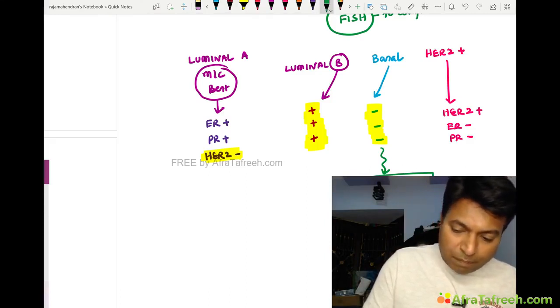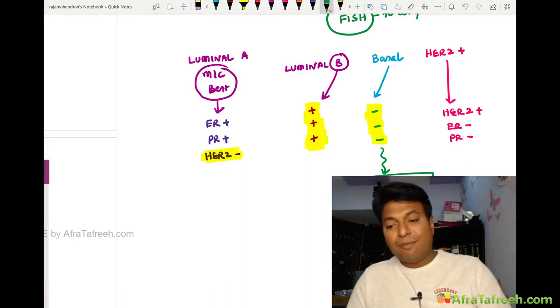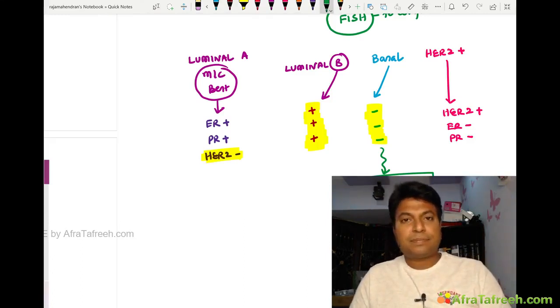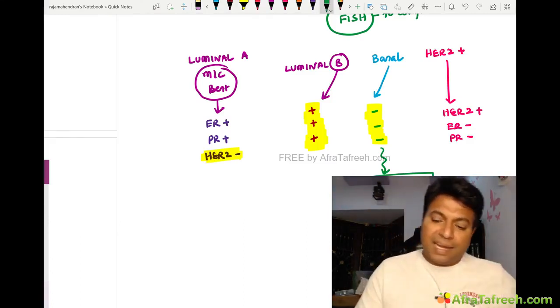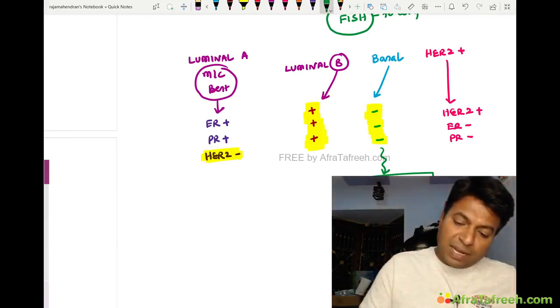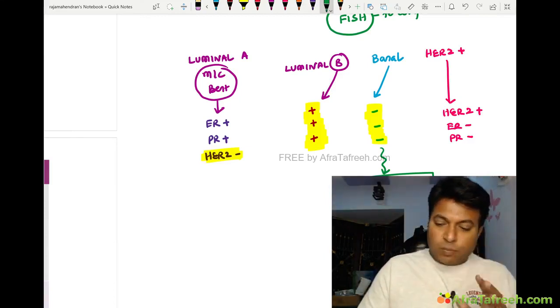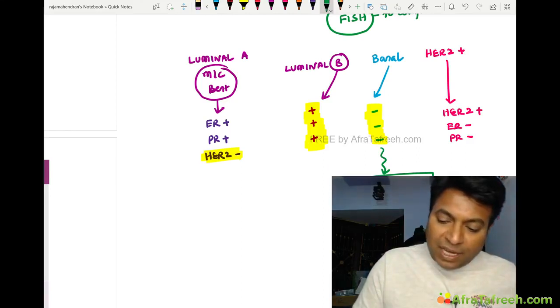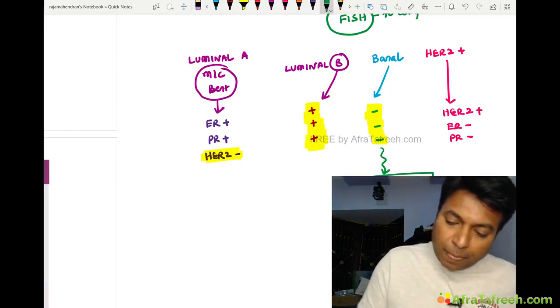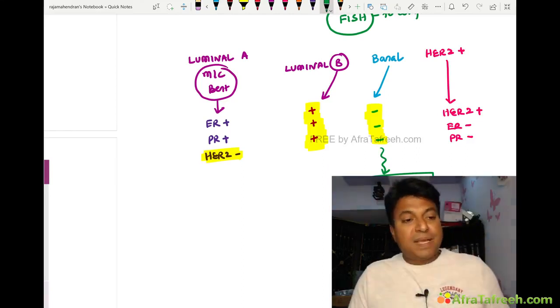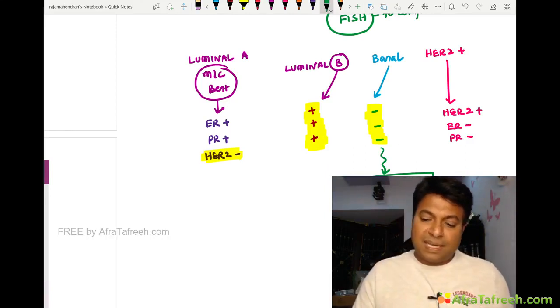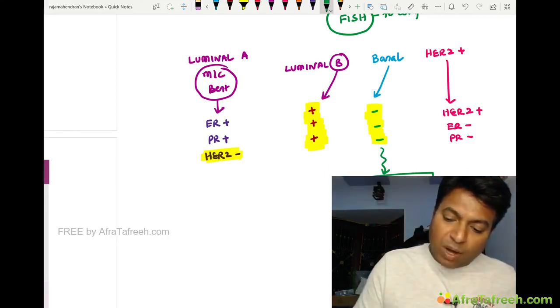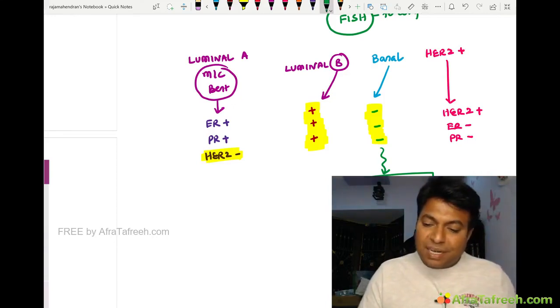Please don't forget, BRCA1 mutation will have basal type cancer. So it's triple negative. Worst prognosis, 17q mutation. Basal type cancer, BRCA1 mutation, 17q mutation, triple negative.